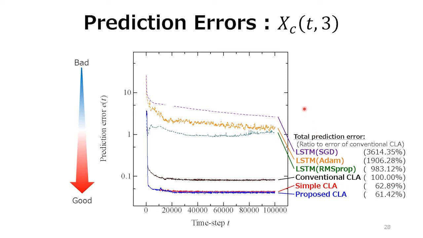As with the previous two input datasets, CLAs achieve better than LSTMs. We see that the proposed double-layered CLA and the simple CLA show similar histories, but the proposed method achieves lower prediction errors after 20,000 time steps.